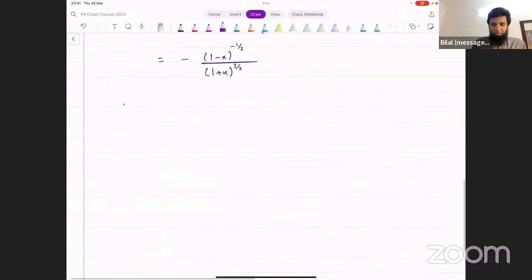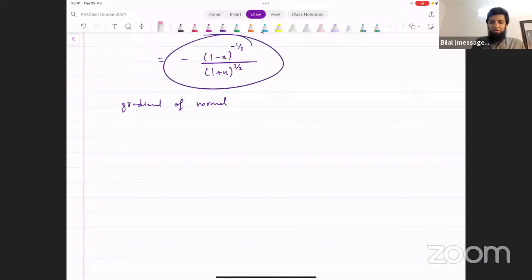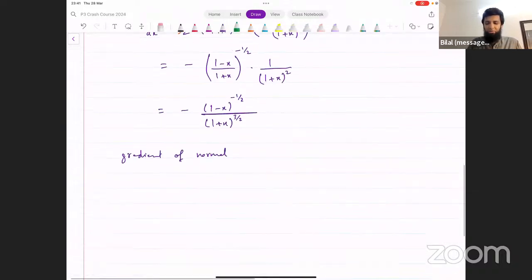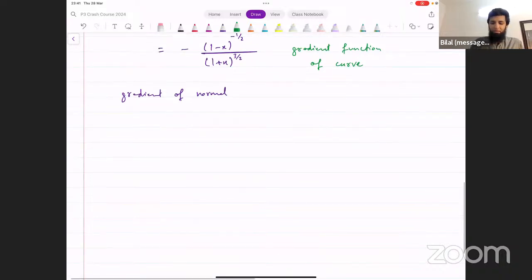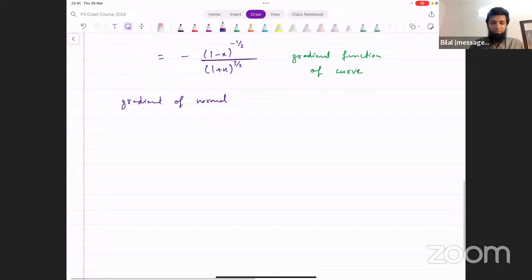Okay, let's do that. Gradient of the normal. This is the gradient of the curve, remember? dy over dx represents the gradient function of the curve, right? If you had to find the gradient at any one particular point on the curve, you would just input that value of x and you would get the gradient at that point, okay? What about the gradient of normal? Normal is perpendicular to the curve.